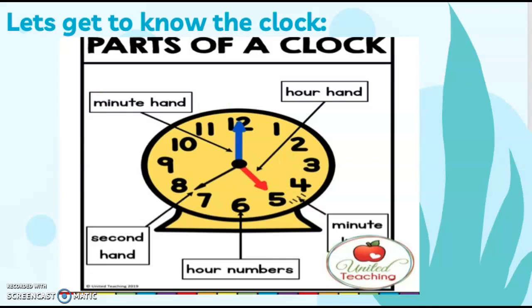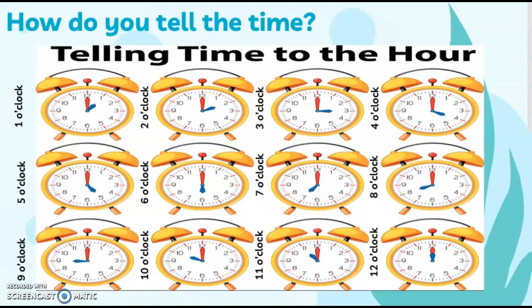Okay, how do we tell time? First of all, if you look at this picture, the long hand shows at number 12. There are 12 clocks in this picture, and in each clock the long hand shows at number 12. So when you read the time, it will be 1 o'clock. This one will be 2 o'clock.